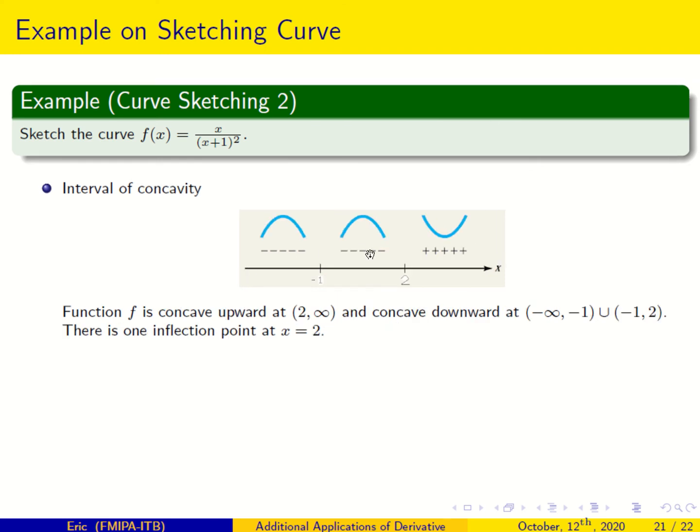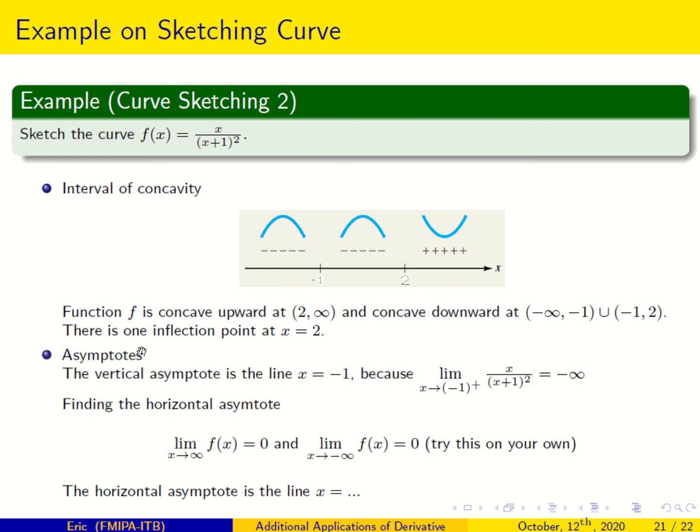This is the sign for f double prime: minus, minus, plus, so concave downward, downward, upward. Upward on this interval, downward on this interval. Just one inflection point, at 2, because at minus 1 it doesn't change concavity.